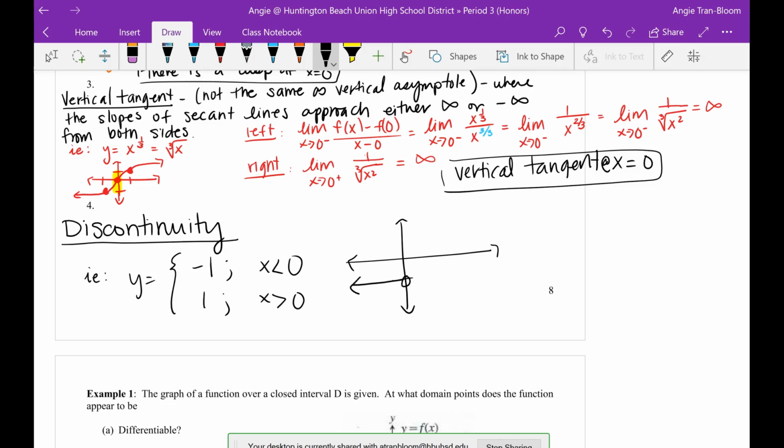When x is 0 or greater, what's going on with my y value? Okay. Well, obviously, can you see that there's a jump? Yeah. So right away, there's a discontinuity. If there's any type of discontinuity, there is no what? Differentiability at x equals 0. But here's the thing.